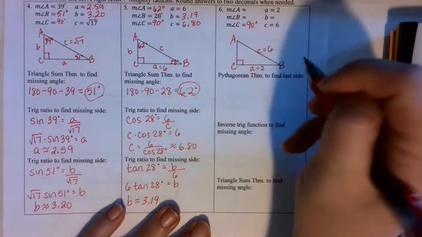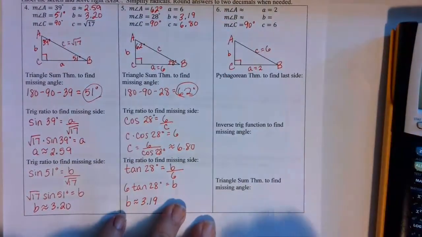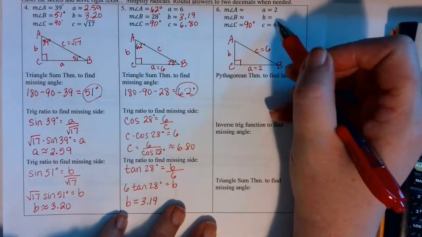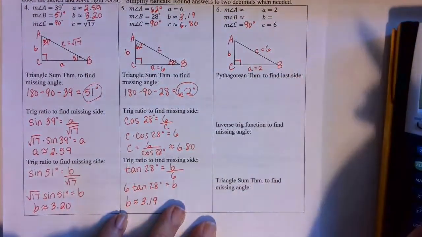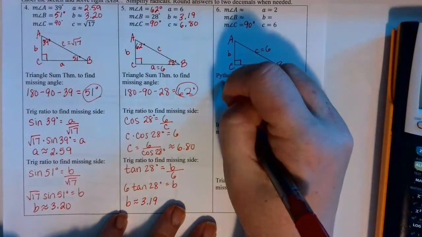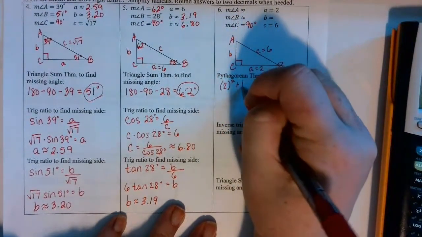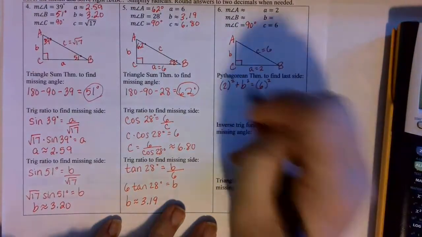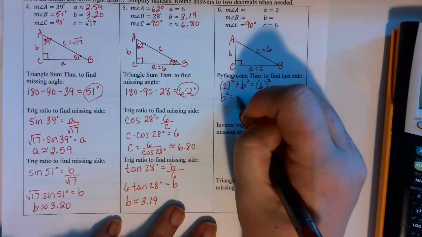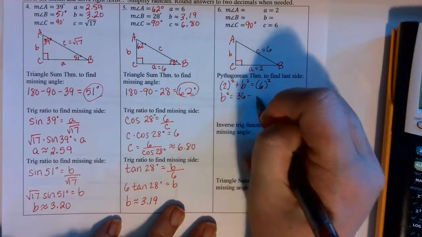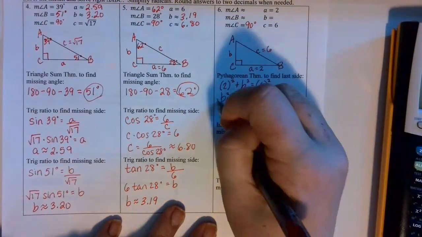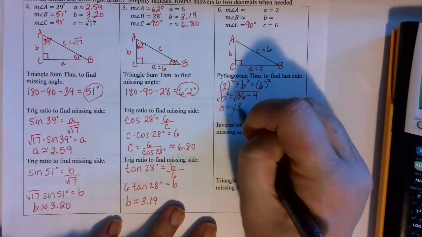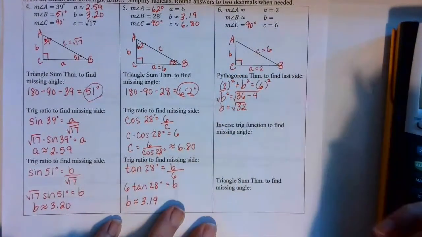And then angle B is opposite side B. So I'm going to need to use the Pythagorean theorem since I know 2 sides and I need to find the remaining third side. So 2 squared plus b squared is equal to 6 squared. And that means b squared is 36 minus 4. We'll square root both sides, and b is the square root of 32.